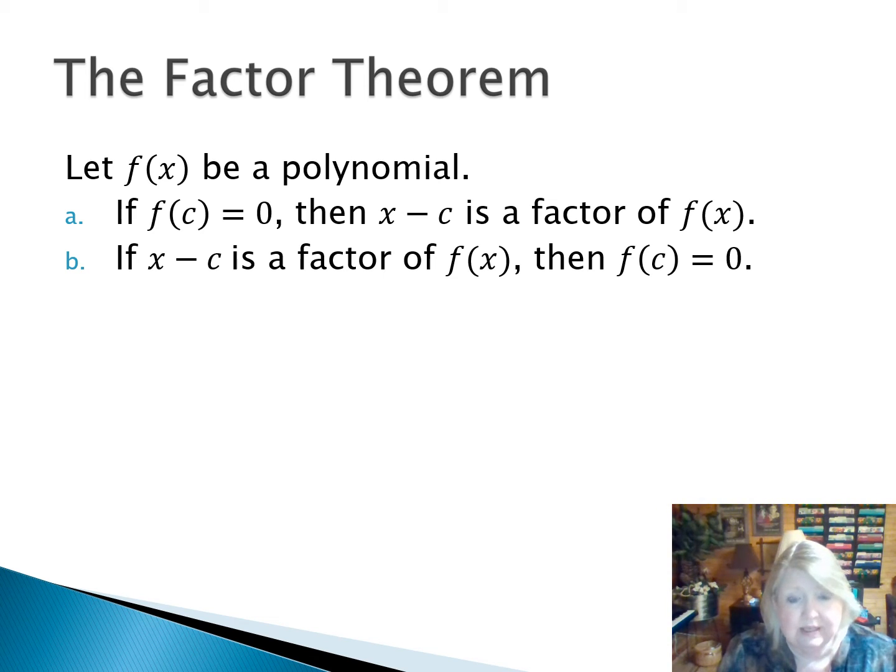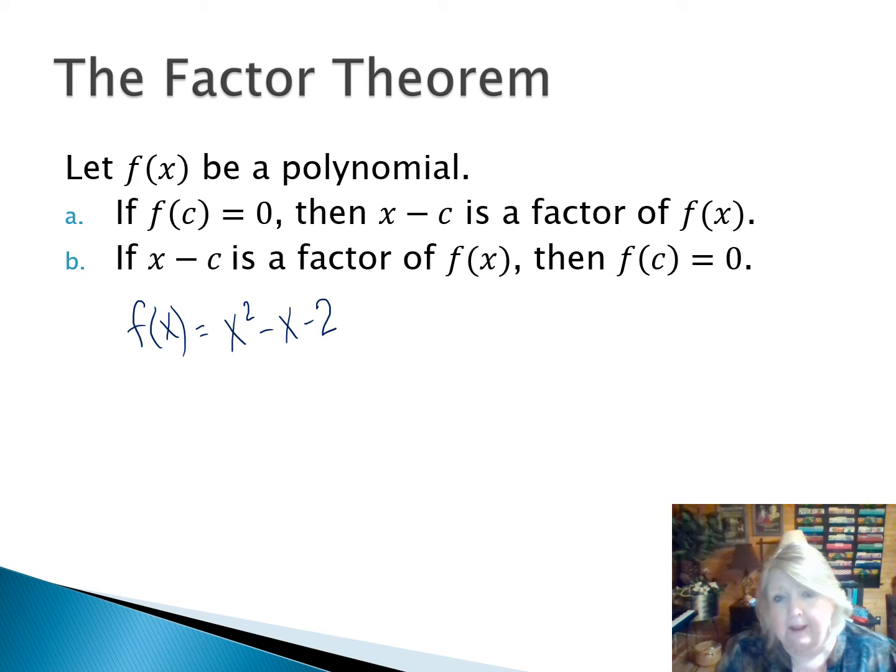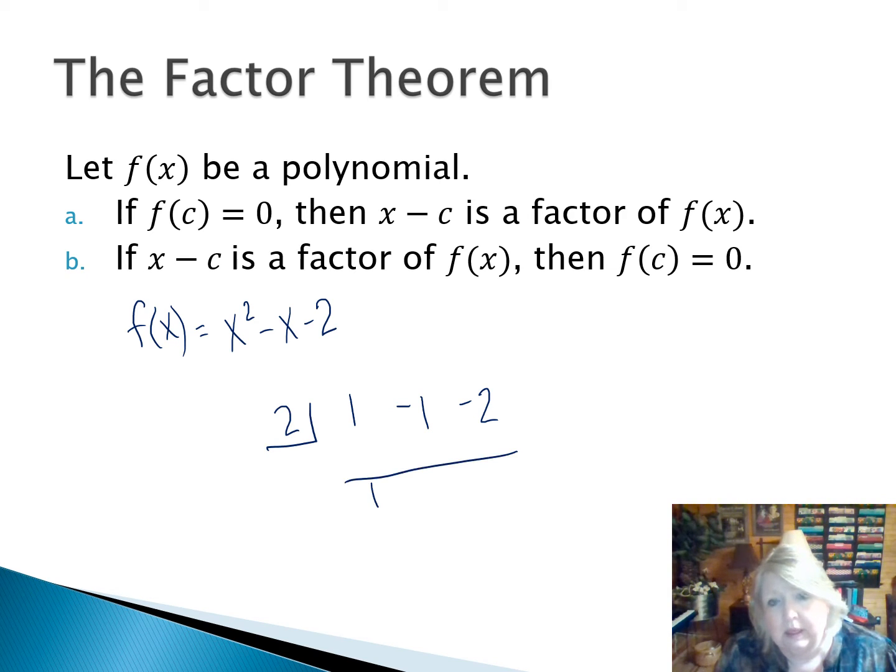Let's look at a very simple function, one that I know you know how to factor. That is x squared minus x minus 2. If I do a synthetic division and I try a 2, then 2 times 1 is 2, and I add. 2 times 1 is 2, and I add, and I get 0.